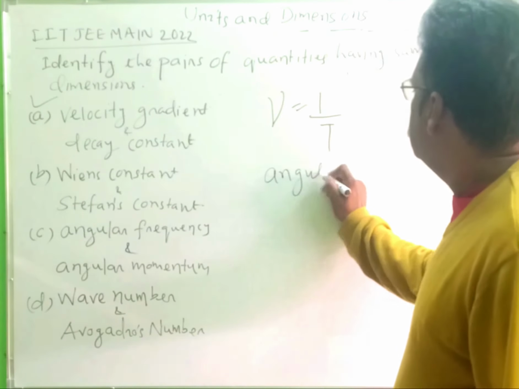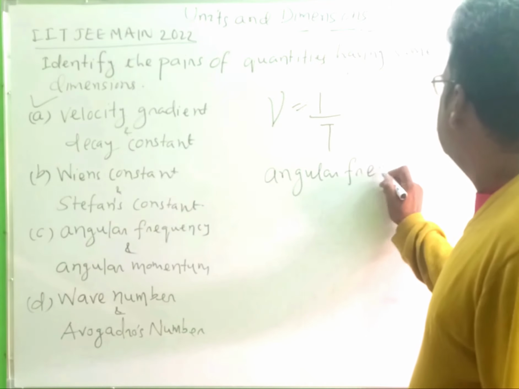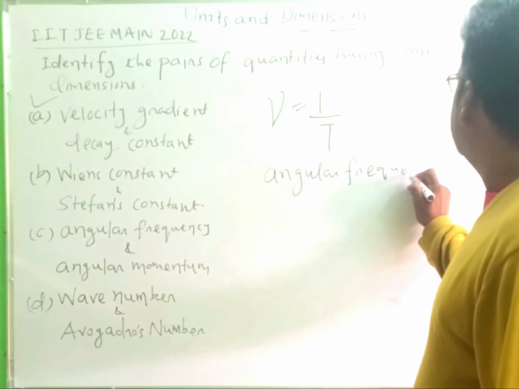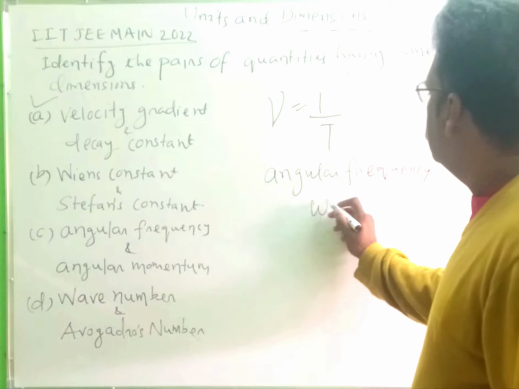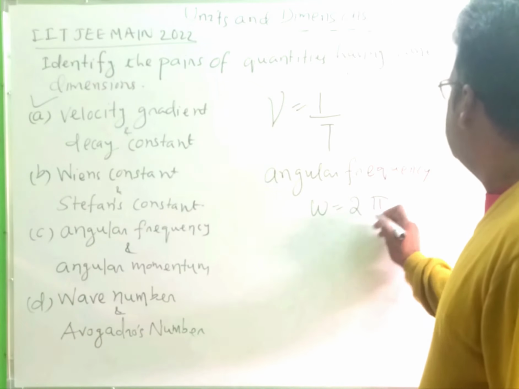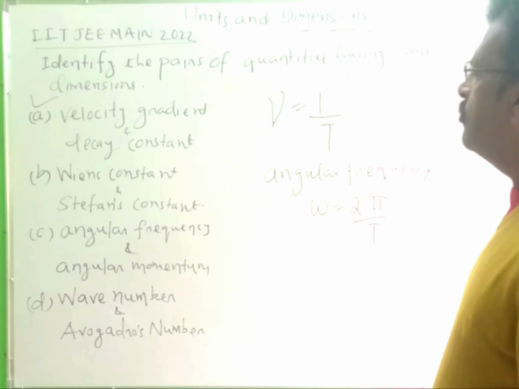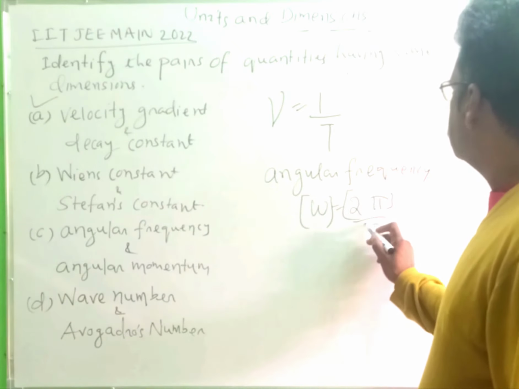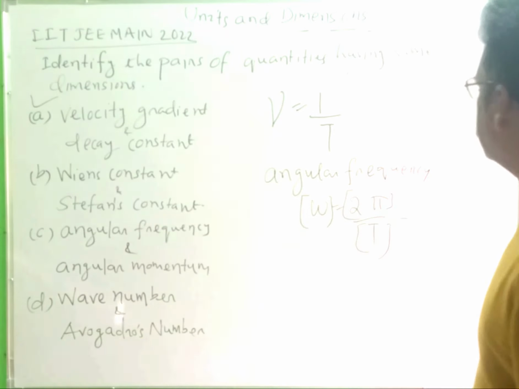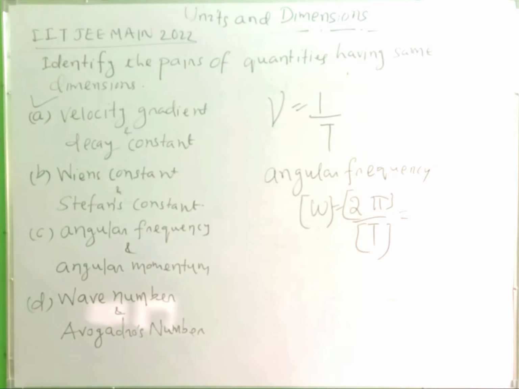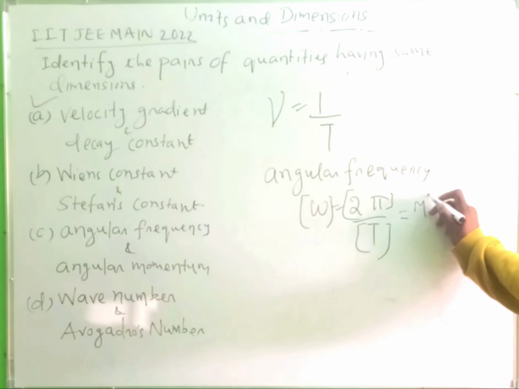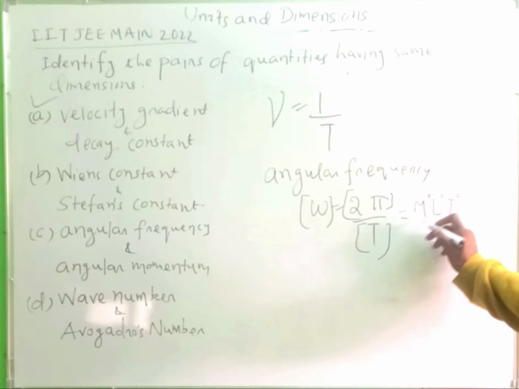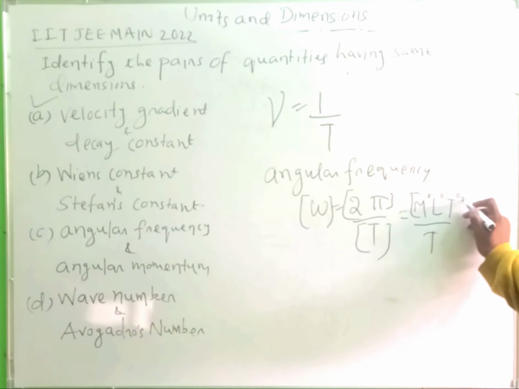Angular frequency is denoted by omega, and the formula is 2π by T. So what will be the dimensions of angular frequency, student? That will be the dimensions of 2π upon the dimensions of T. 2π is a pure number, so it is dimensionless. M⁰L⁰T⁰ divided by T, so this is T⁻¹.